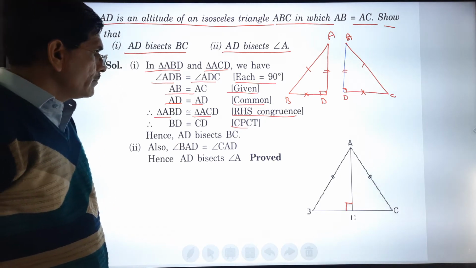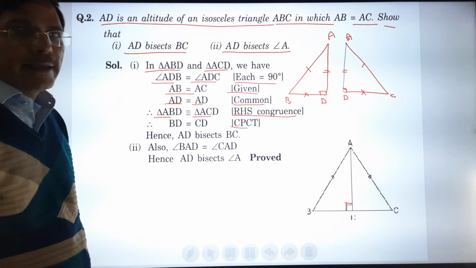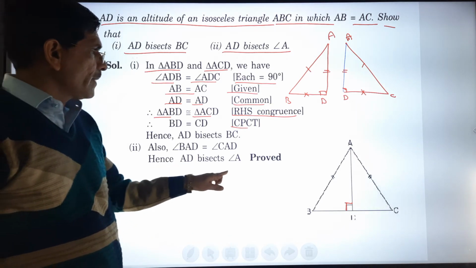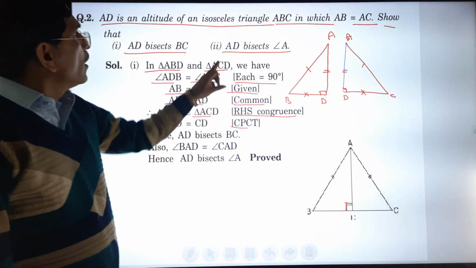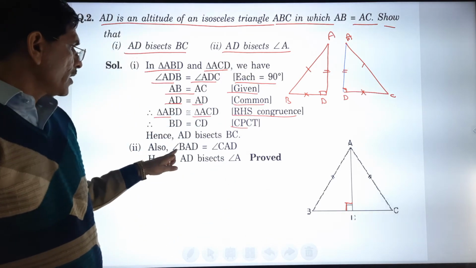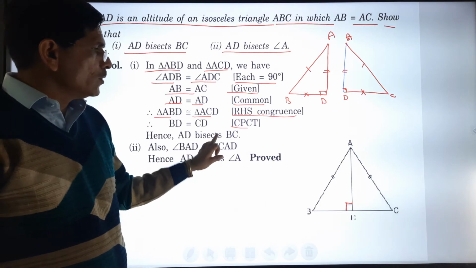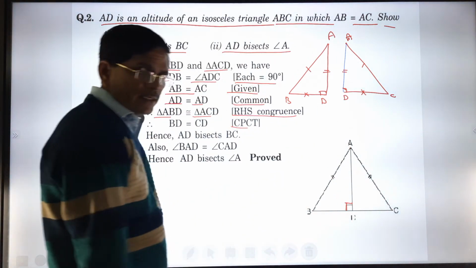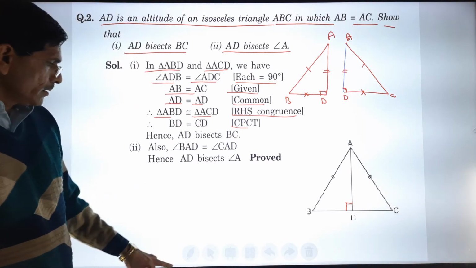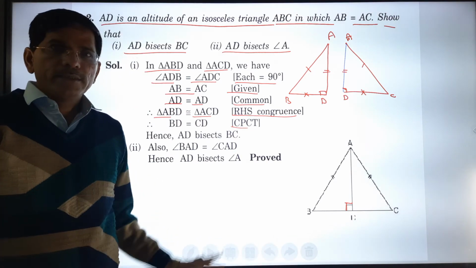Hence AD bisects angle A. AD bisects angle A because the two angles BAD and CAD are equal. You have to write this now.